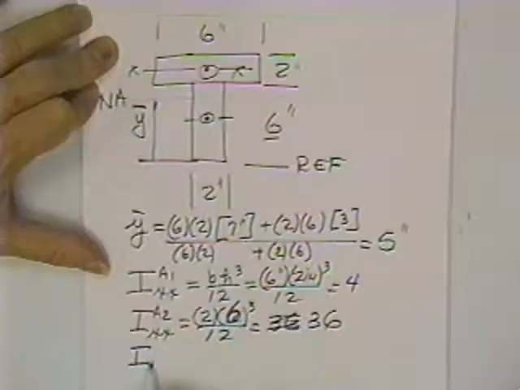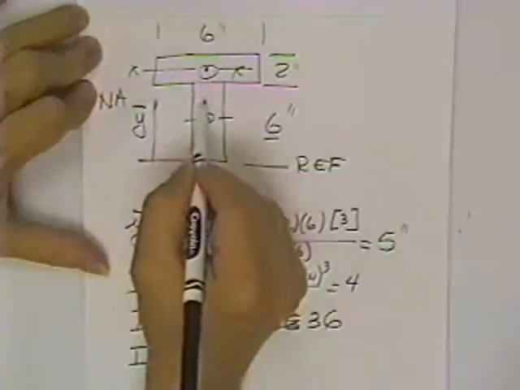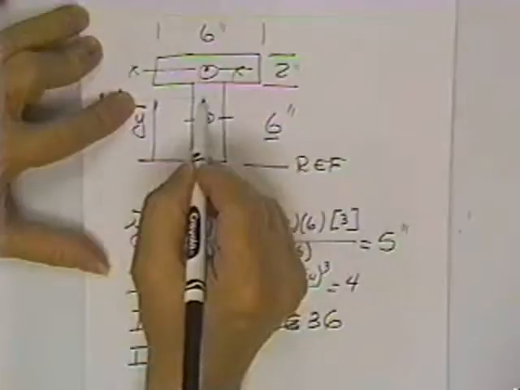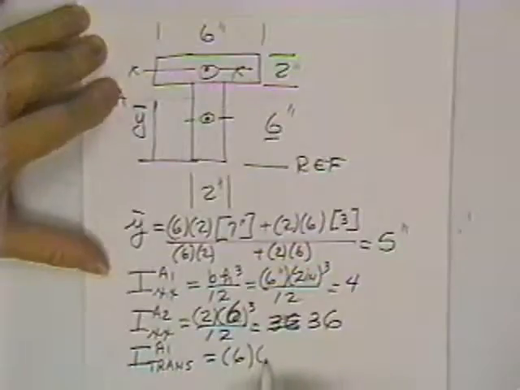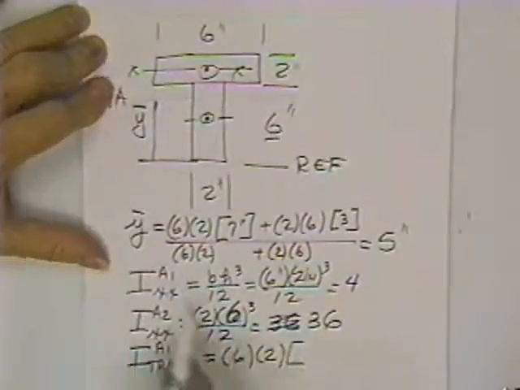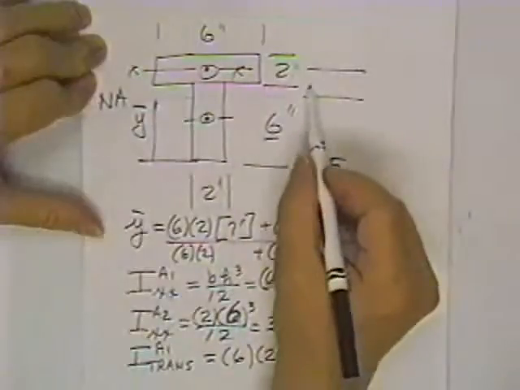Now then, he has a moment of inertia transfer for area 1. If area 1 lived right on the neutral axis, he wouldn't get any transfer, but because he's off the neutral axis, he gets a transfer. He's 6 inches wide, 2 inches deep, and here's how far he lives off of the neutral axis.